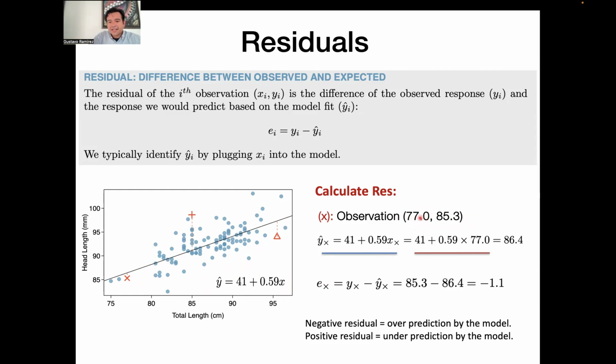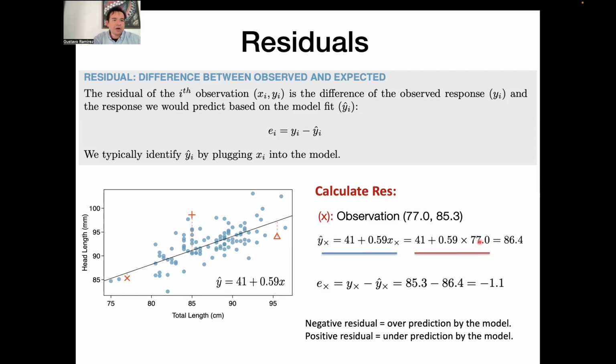If we plug that into this model, we get 77 times 0.59 plus 41. The model predicted head length, this y hat of x (y hat is a model prediction always), would be 86.4 millimeters for the head length of this animal of body length 77 centimeters.